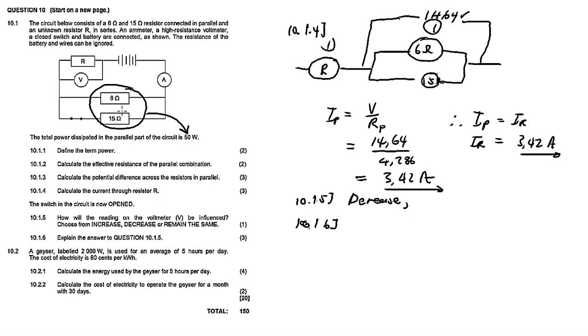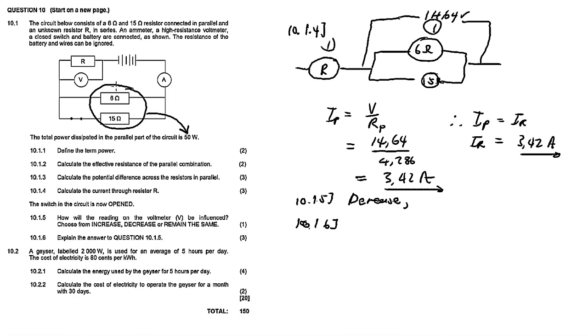The 15 ohm resistor is as if it does not exist or is out of the circuit, because current stops flowing through this 15 ohm resistor because the current is discontinued at this opening. So the answer to this one is because the total resistance increases, right?